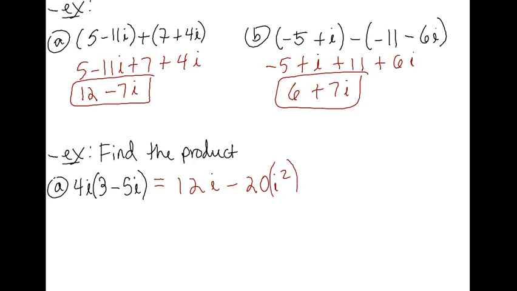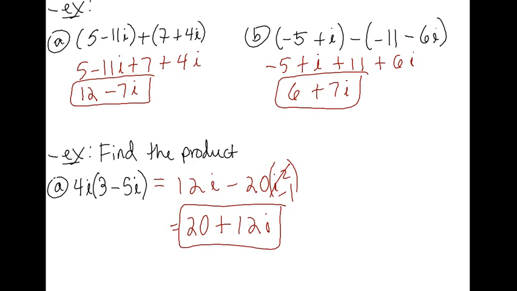So I will also replace this in just a moment for -1. And since we know that that's -1, when we rewrite it in standard form, -1 times -20 is positive 20. And our 12i is positive, so we have 20 plus 12i. This is our standard form, and this would be our product.